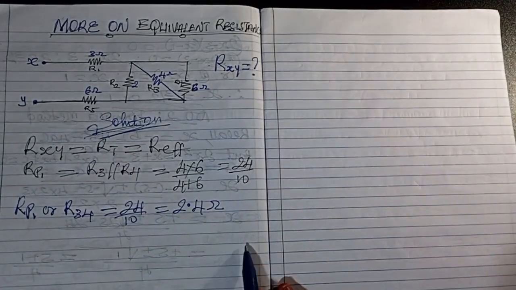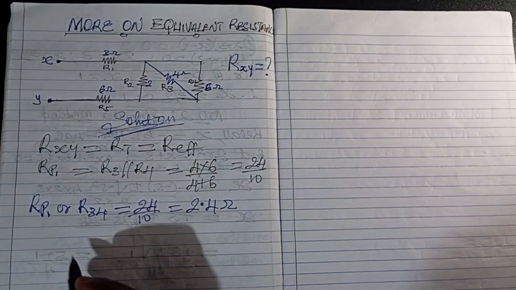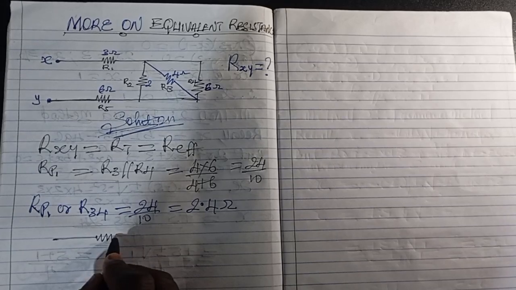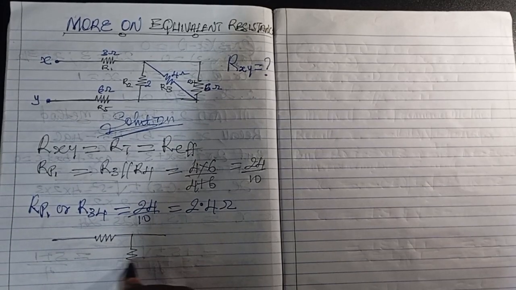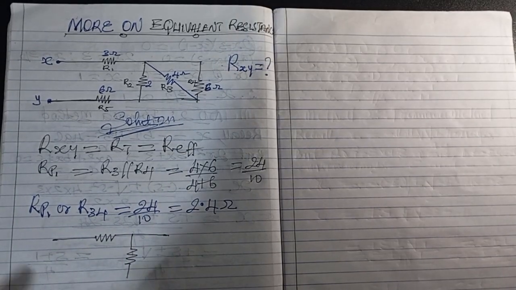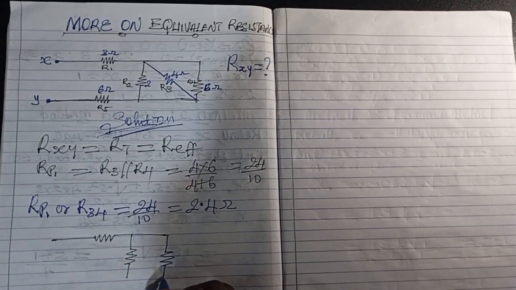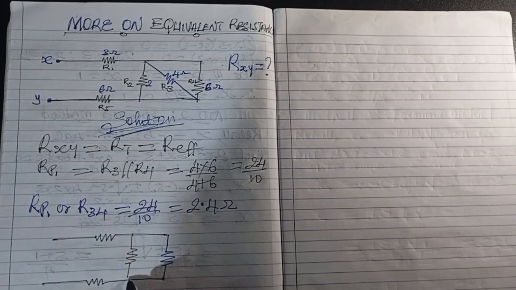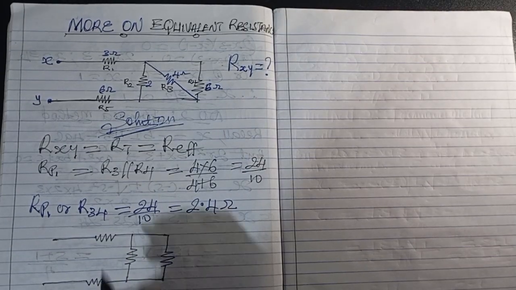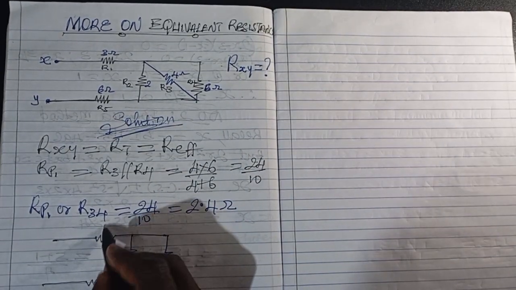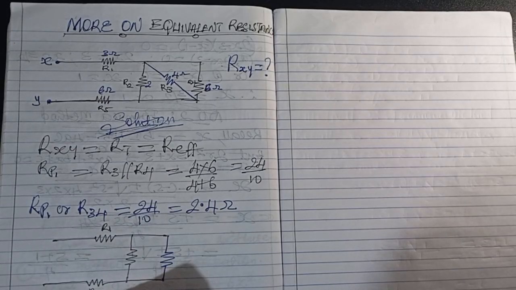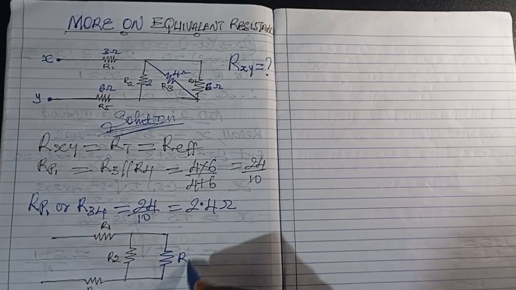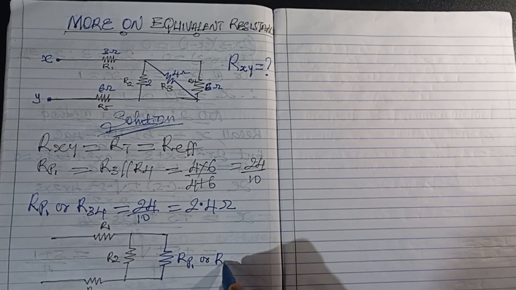Let's redraw this circuit again. So here is still our R1, here is still our R5, this is our R2, but this is our Rp1 or R34.